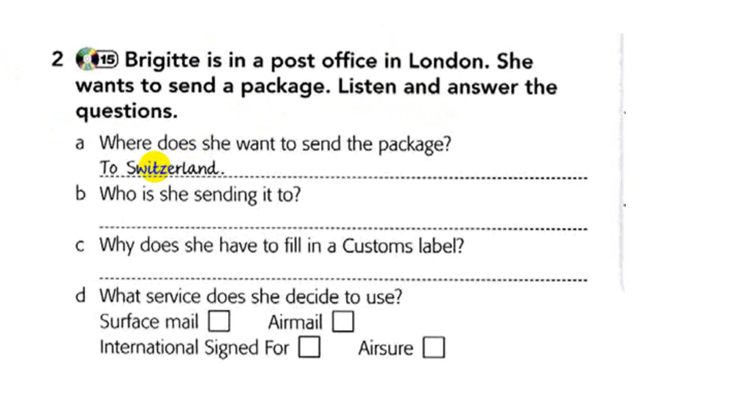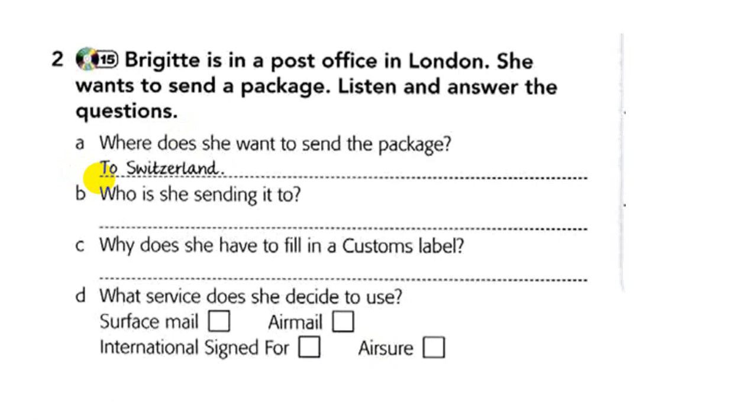Number 1, why does she want to send the package? B, who is she sending to? C, why does she have to fill in a customs label? And finally, D, what service does she decide to use? Surface mail, air mail, international signed for, or airsure? Yes, let's listen and decide the answer.